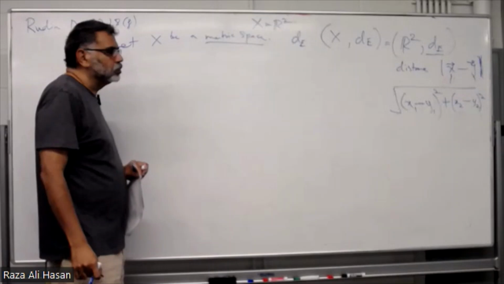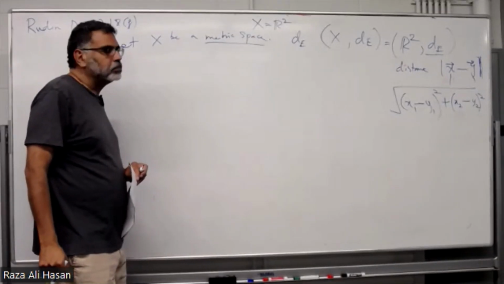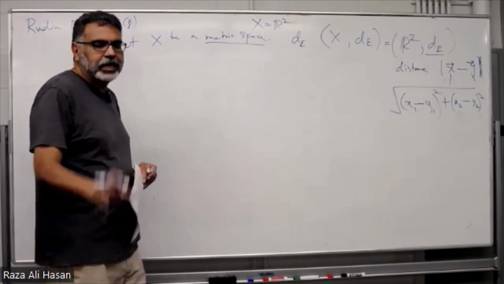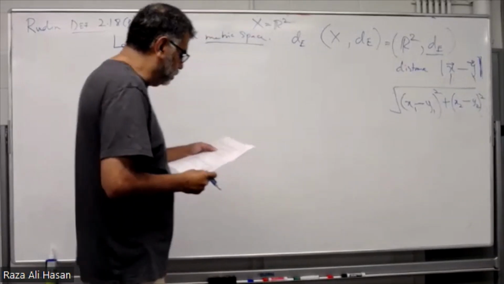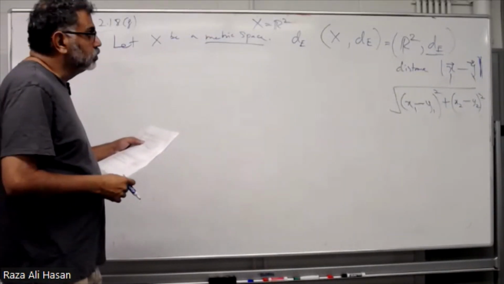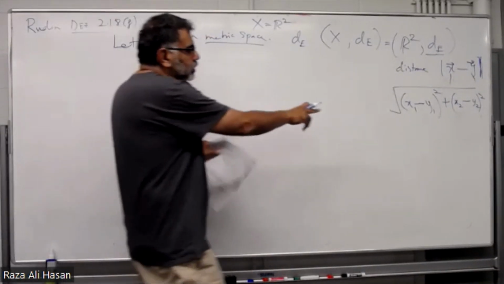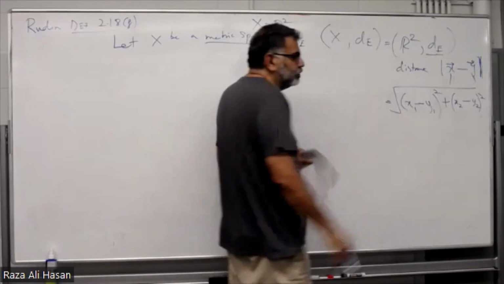So i hat, j hat, that sort of vectors, same thing as from physics. Yep. This is Euclidean because this comes straight from the Pythagorean theorem.